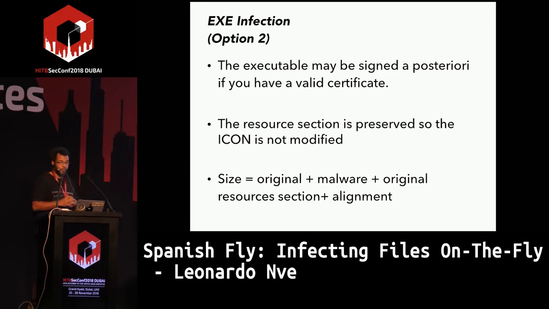Here now we don't have the problem of the auto integrity check, because what we do is copy the original file outside and run it. So the original file is not modified, and the auto integrity check is not a problem anymore.